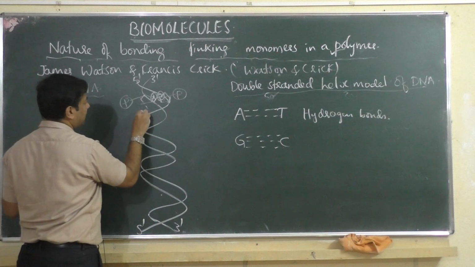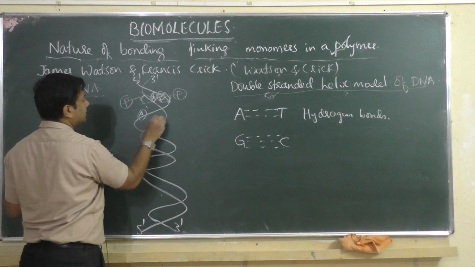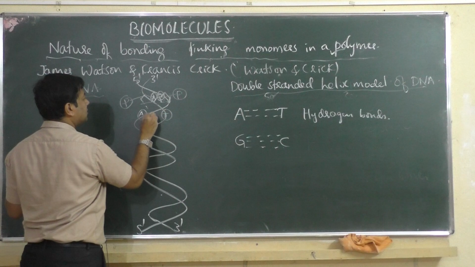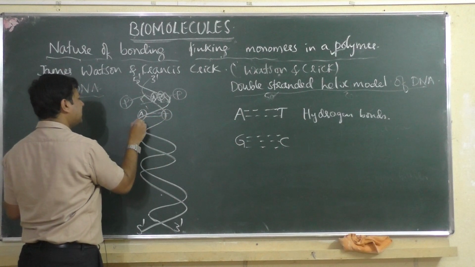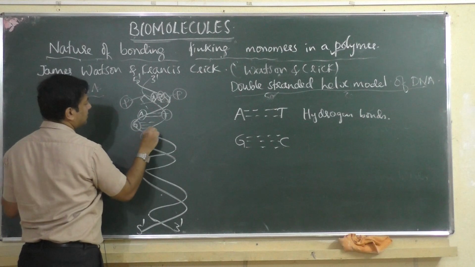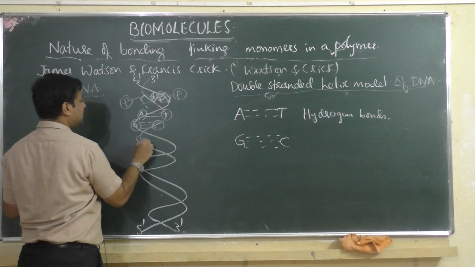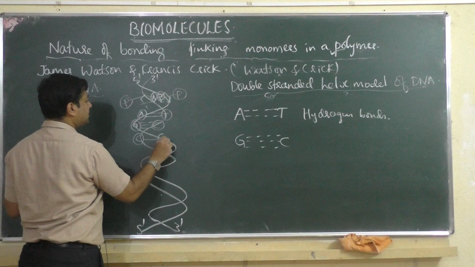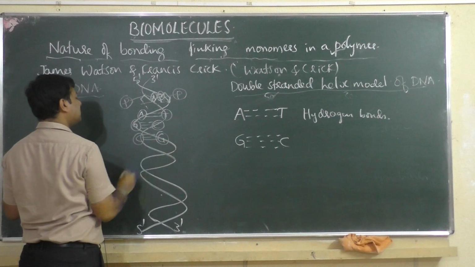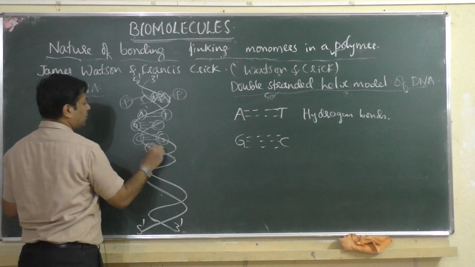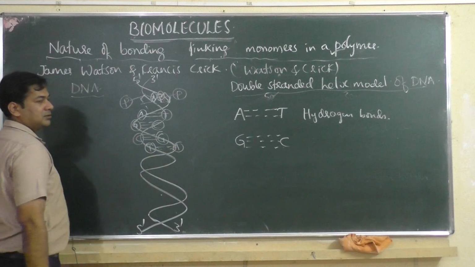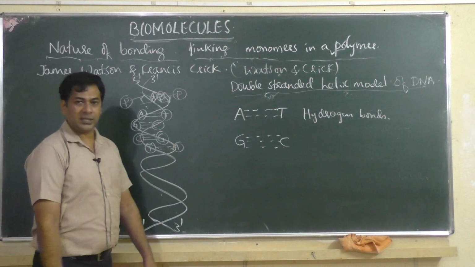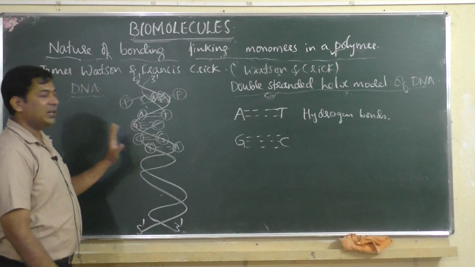Here, suppose A is there, then opposite to that T comes and they will have a double bond. Okay, if G is there, then opposite to that C comes. If C is there, opposite to that G comes. Okay, if T is there, opposite to that A comes. Okay, this is how bonding occurs.